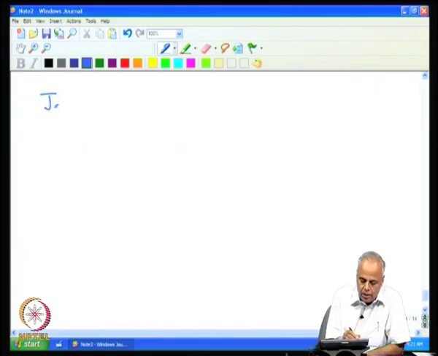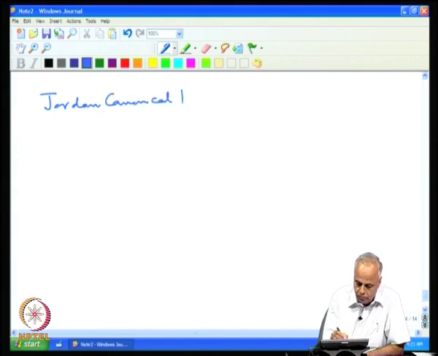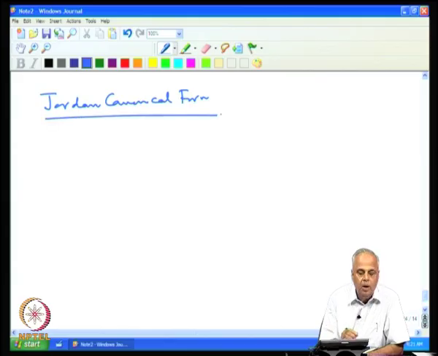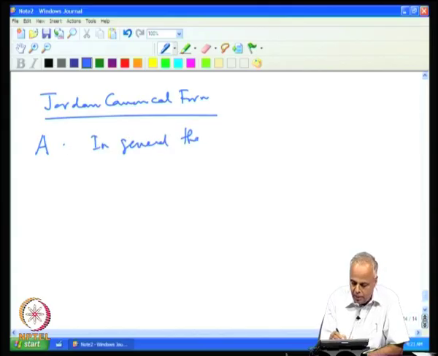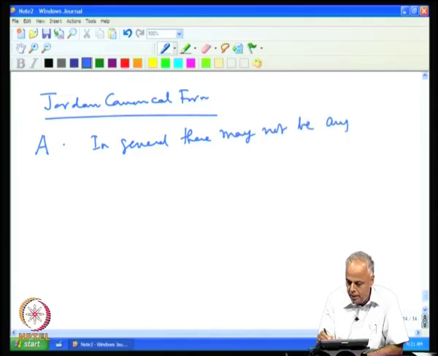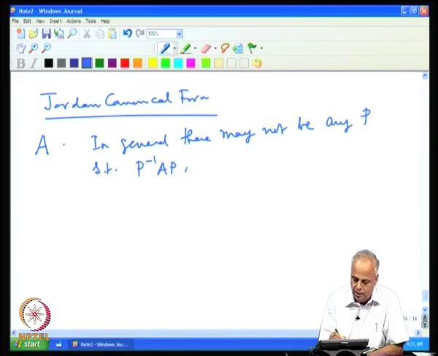What is this Jordan canonical form? We have A. In general, there may not be any P such that P inverse A P is a diagonal matrix. So, what do we do?